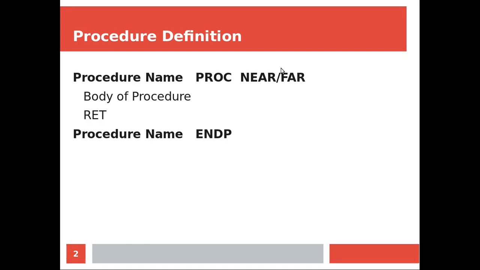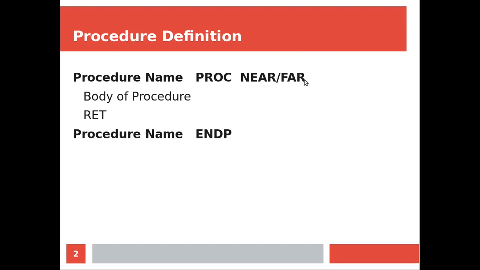Then what is the significance of near or far? This will specify how we can access this procedure. That means if we are defining a procedure as a near procedure, then we can access that procedure only from within the segment in which the procedure is defined.